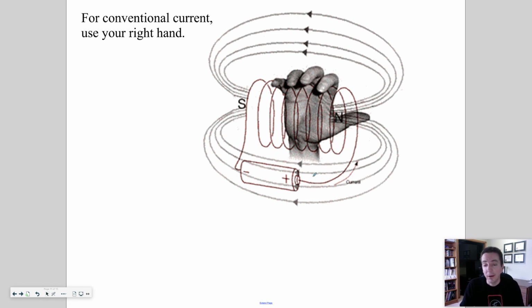I can tell this is a conventional current from this diagram, because notice that it shows the positive side of the battery on the right here, negative side of the battery on the left, and the current is coming out of the positive side and going to the negative side. So the person is using their right hand in order to figure out the direction of the magnetic field through the coil.